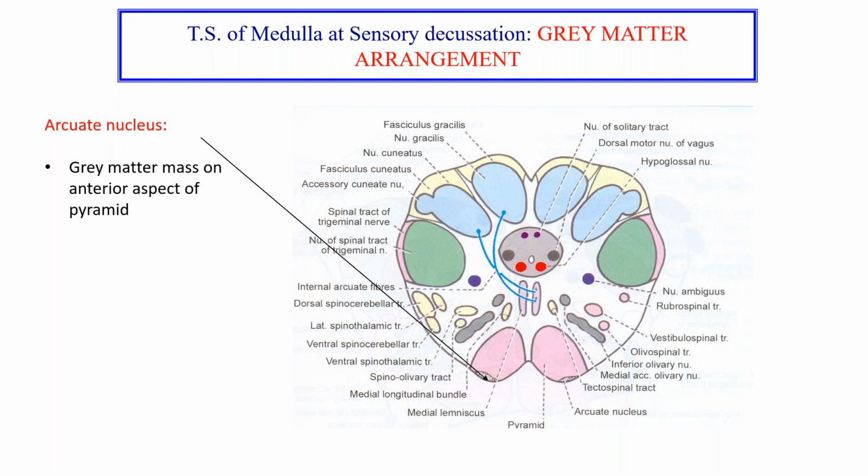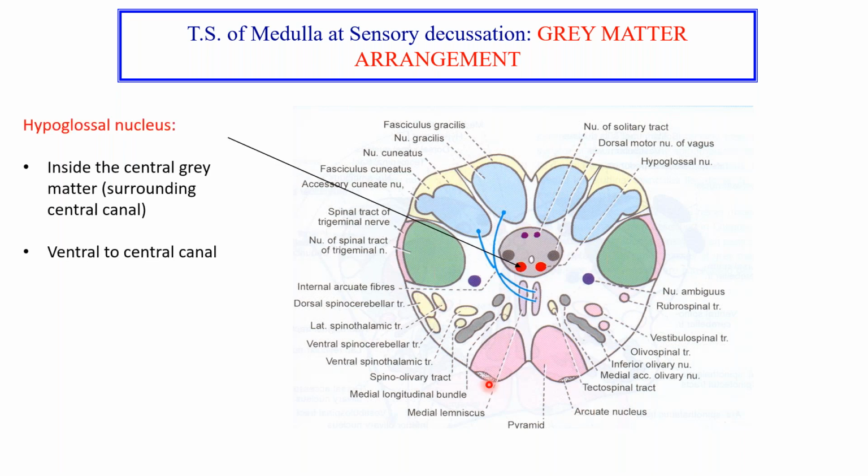that you have to additionally draw. Now we come to the central gray area. So this nucleus arrangement that I've told you in this order: the hypoglossal, vagal, and then the nucleus of solitary tract. So we begin with the medial most structure, that is the hypoglossal nucleus. This is within the central gray matter surrounding the central canal, and it's just ventral. Remember, you have to draw it ventral to the central canal.